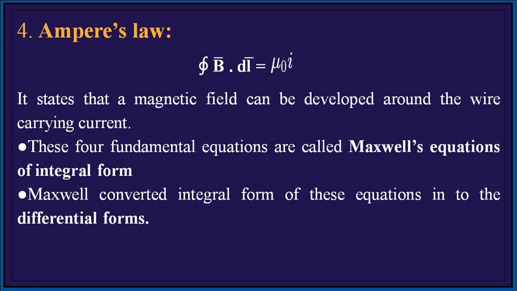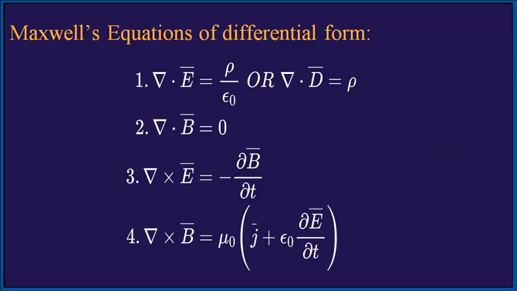So after converting all those four, we get these four equations. This is div E bar equal to rho by epsilon naught. This is div B bar equal to 0, curl E bar equal to minus dou B by dou t, curl B bar equal to mu naught into J plus epsilon naught dou E by dou t.